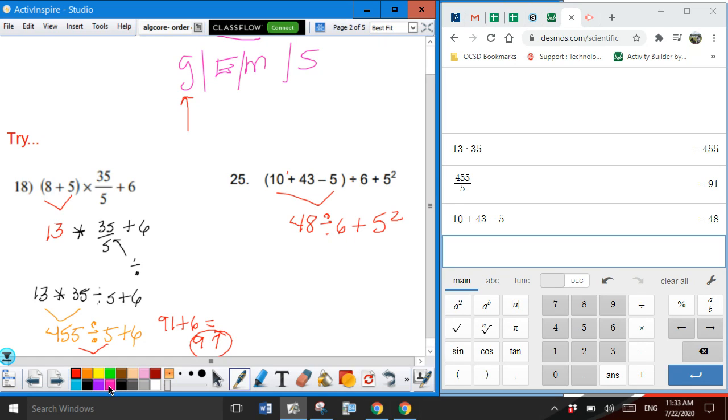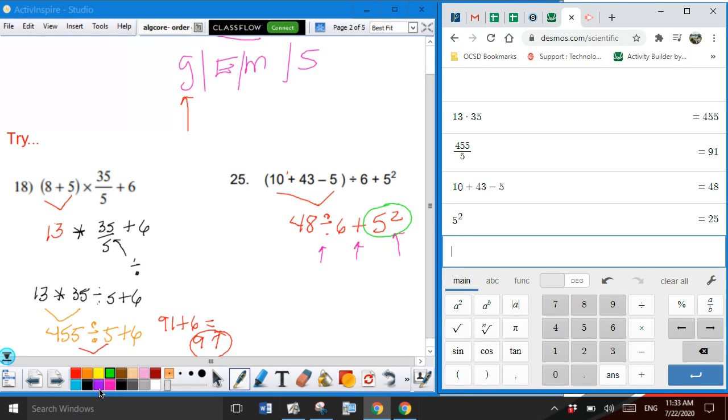Okay, so I have two choices. Well, three choices. Am I going to divide? Am I going to add? Or do I need to deal with the power? If you said power, you're correct. So 5, there's my squared. 5 squared is 25. So 48 divided by 6 plus 25.